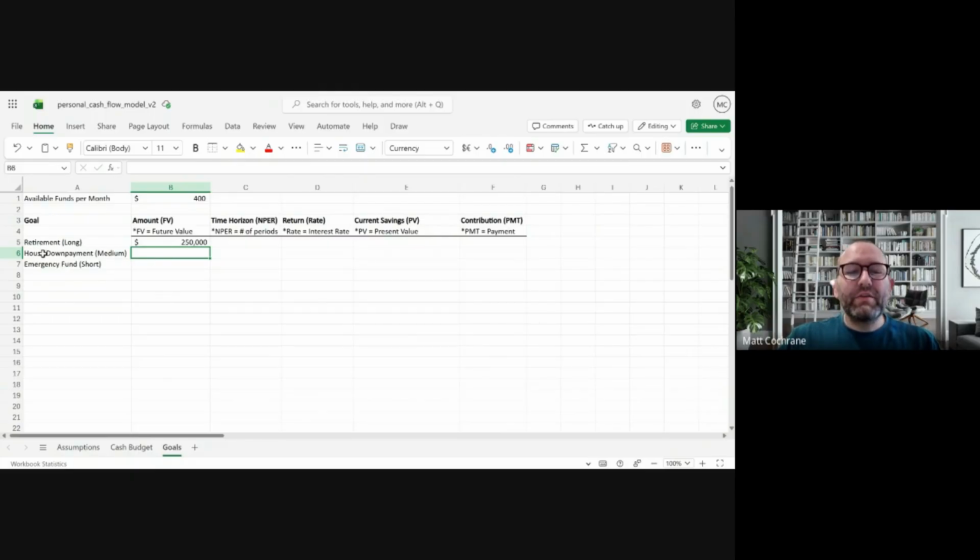250,000. The next goal that we have is our house down payment. Let's say that we want to save a down payment on a $600,000 home.